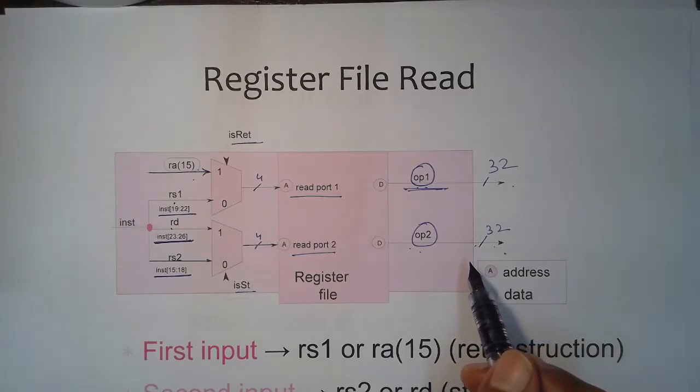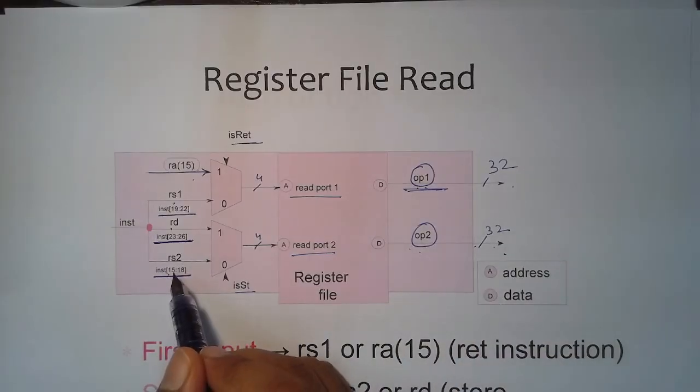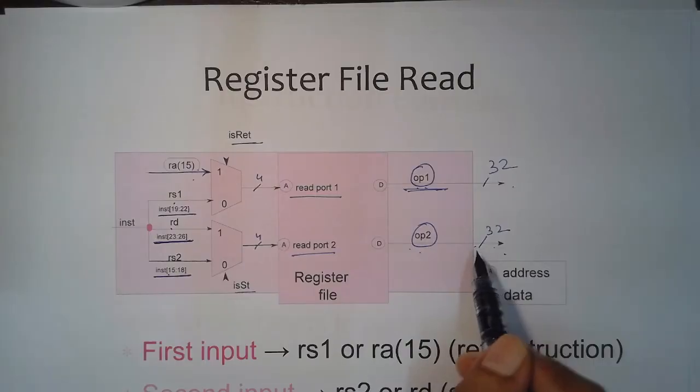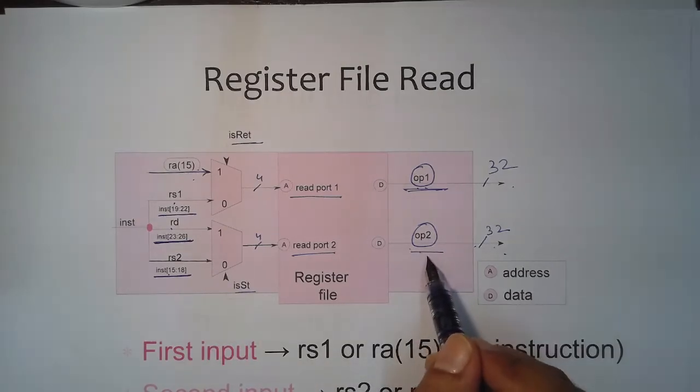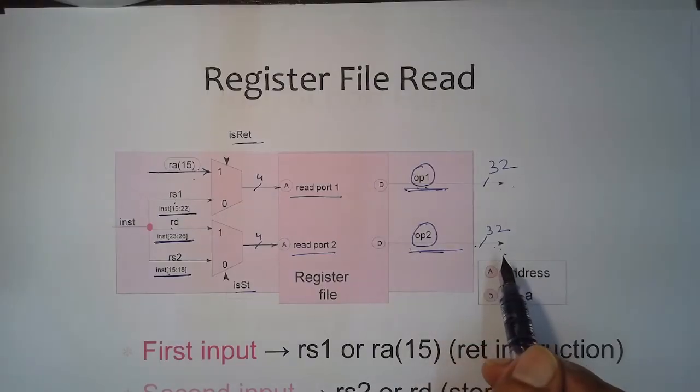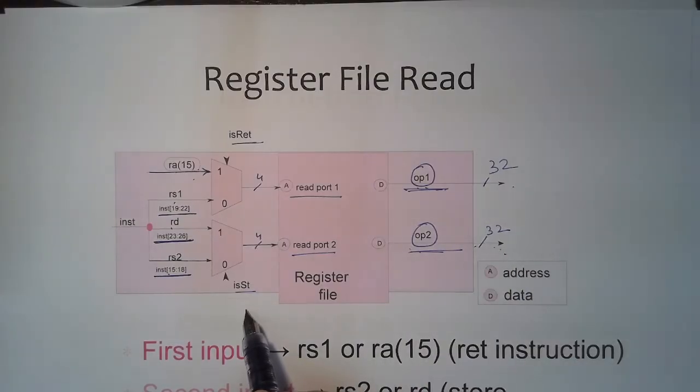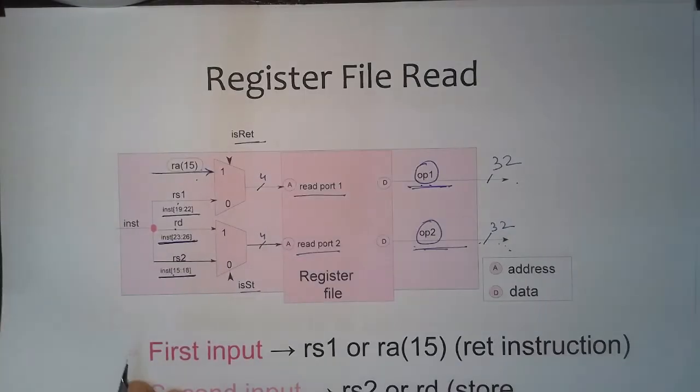If it is not a store instruction, then it is your source 2, and that is fine. And if it is a store instruction, then the value of OP2 is the value which needs to be stored. I hope this makes sense.